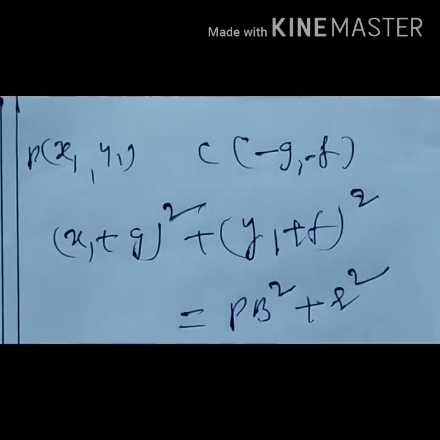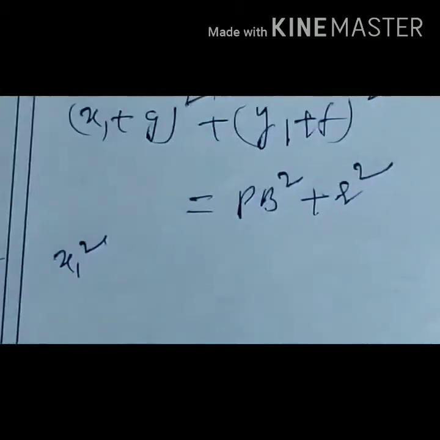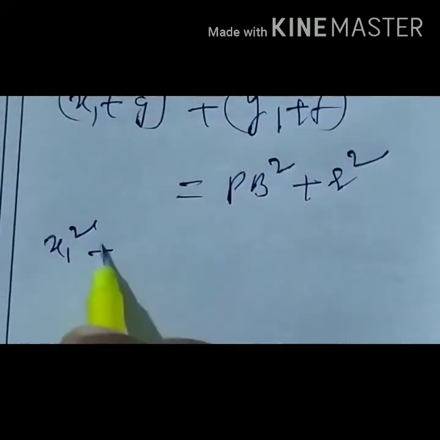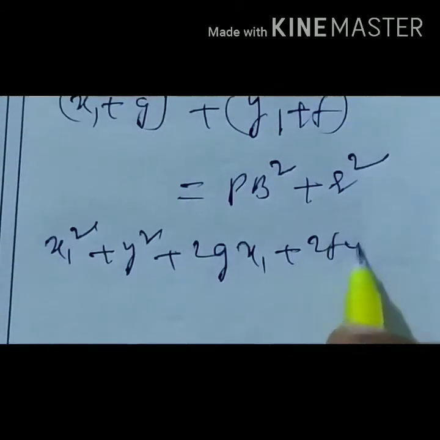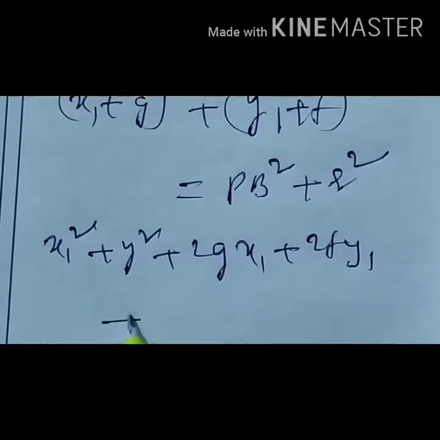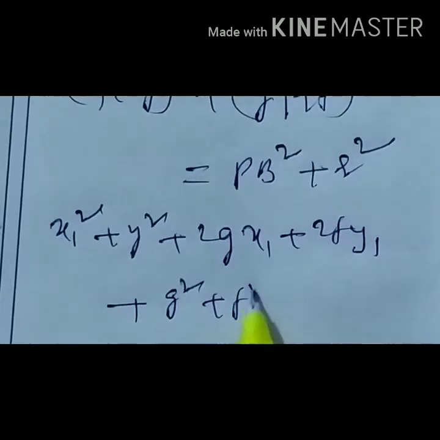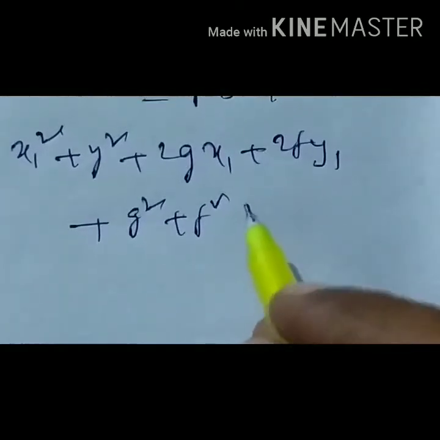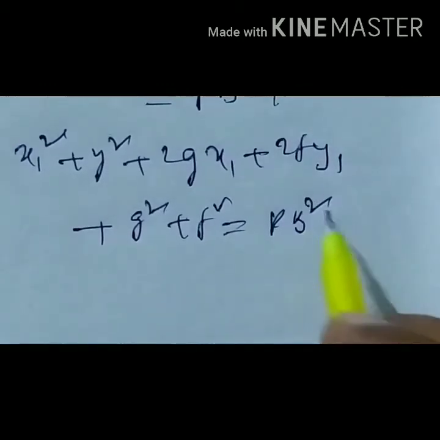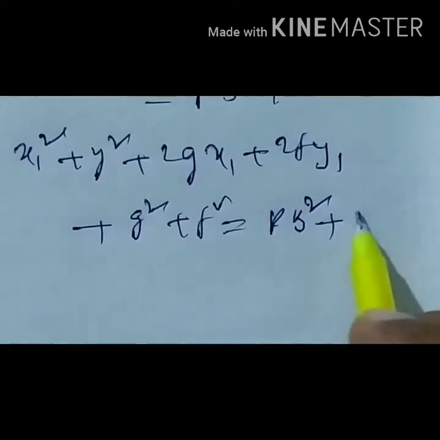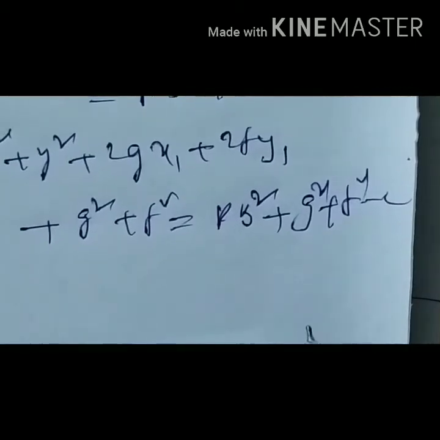By expanding both sides, x1 square plus y1 square plus 2gx1 plus 2fy1 plus g square plus f square is equal to PB square plus R square, which means g square plus f square minus c as the radius square.